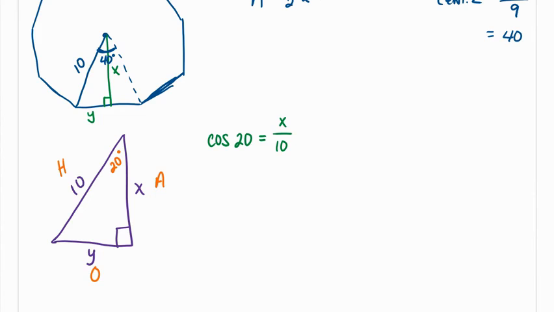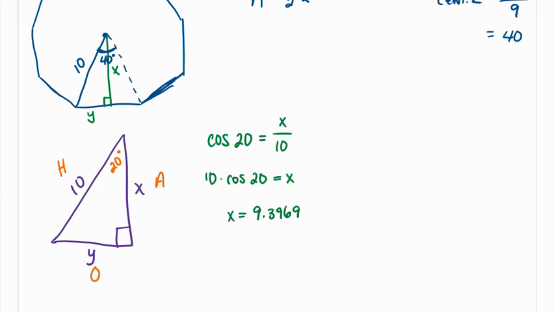I can multiply both sides by 10. And then if we type that in the calculator, we get x equals 9.3969. Like I said, keep about 4 places on these. That way you don't create too much error. To find y, I'm using the opposite and the hypotenuse.